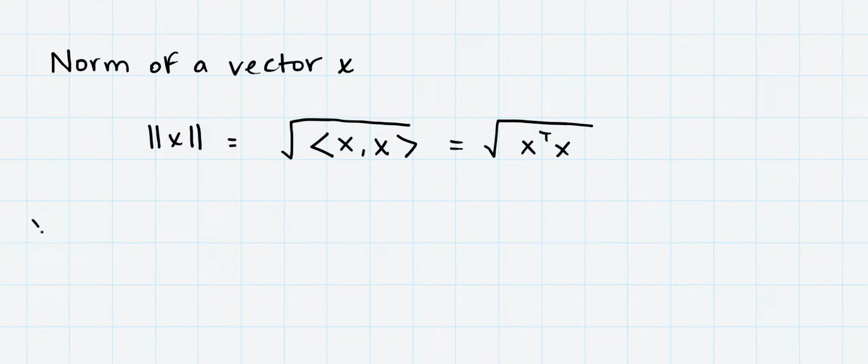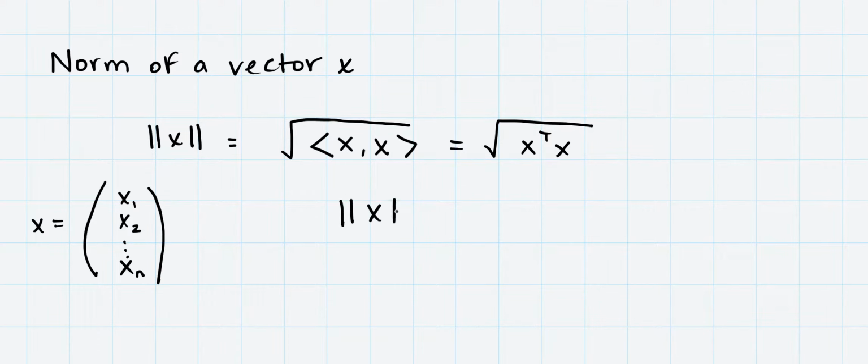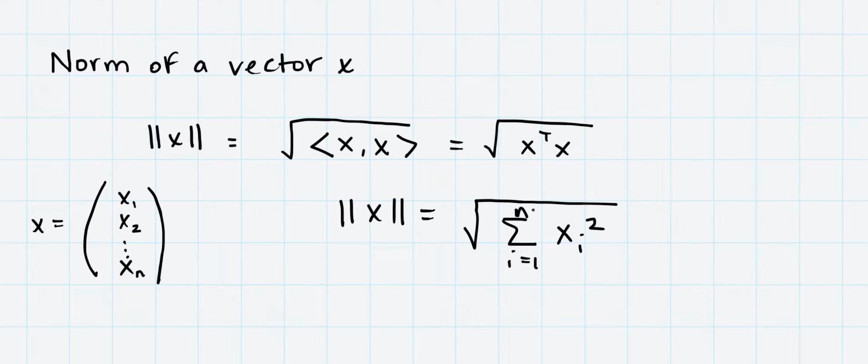So again, if x is equal to this column vector, x1 through xn, then the norm of x is the square root of the sum of xi squared, i from 1 to n.